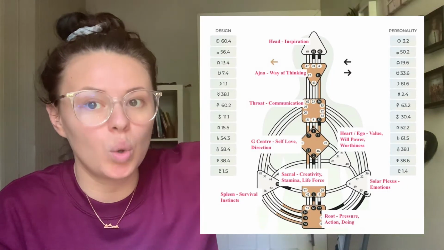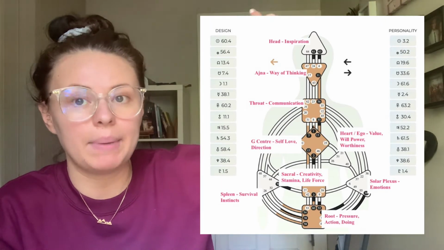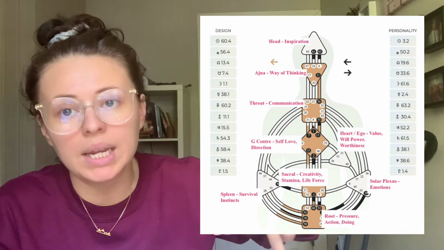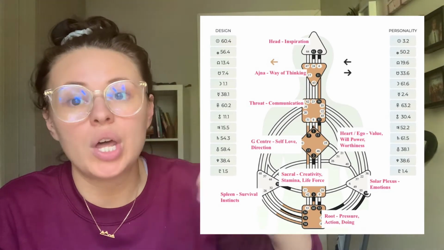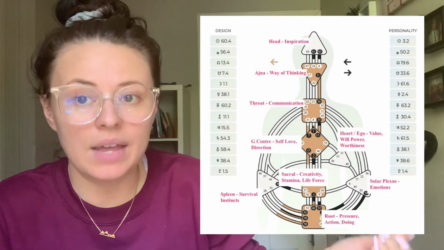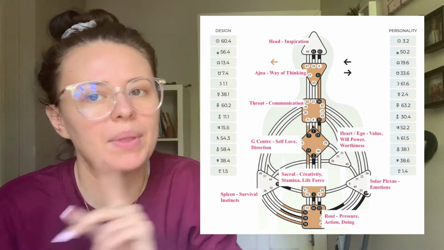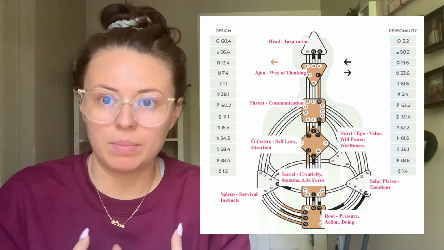And my head center is undefined. So I absorb energy that's not actually mine into my head center. So I need to make sure that I always tap into my authority to actually decide whether or not I want to take action on an idea that I've absorbed, or if I'm actually feeling pressure to do something that's not actually aligned with my energy.